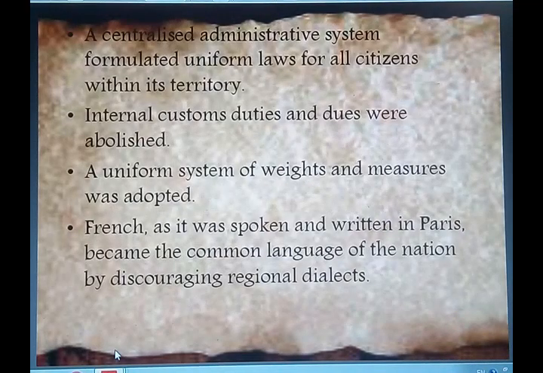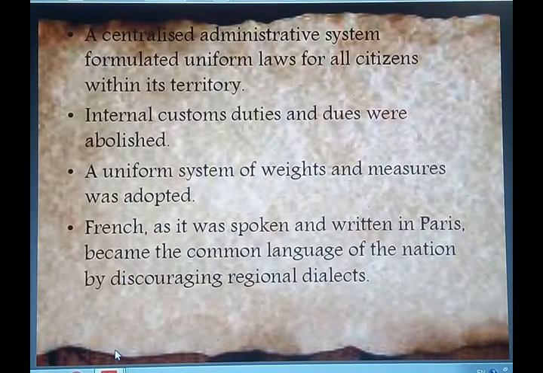Then a centralized administrative system formulated uniform laws for all citizens within its territory. Uniform laws were introduced for all the citizens within its territory. Internal custom duties and dues were abolished. A uniform system of weights and measures was adopted, which is very important.